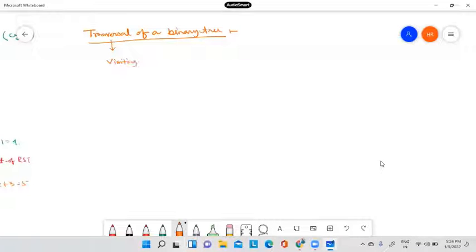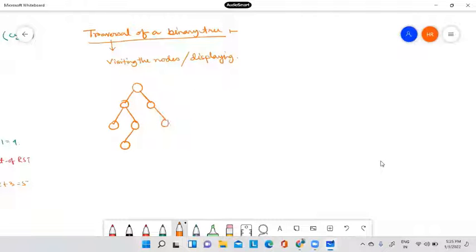Visiting the nodes, or you can say displaying the nodes. This is the meaning of traversal. Now suppose I have a binary tree like this. Suppose I'm drawing any random binary tree.